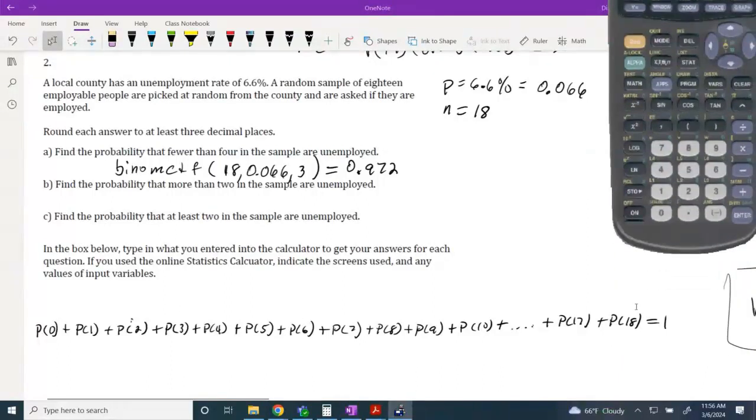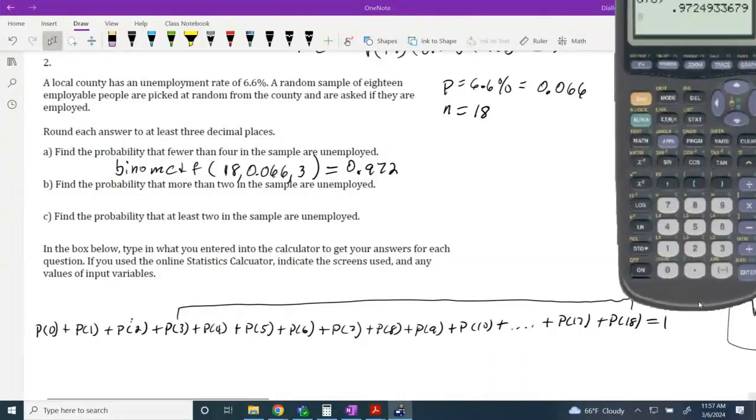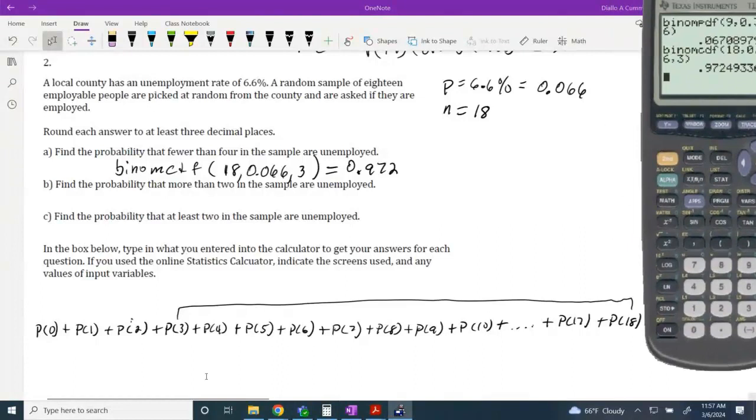If I want more than 2, I don't want more than or equal to 2, right? So I want these probabilities from 3 to 18. But I'm running into a slight problem because the CDF function on the calculator is only going to calculate below.